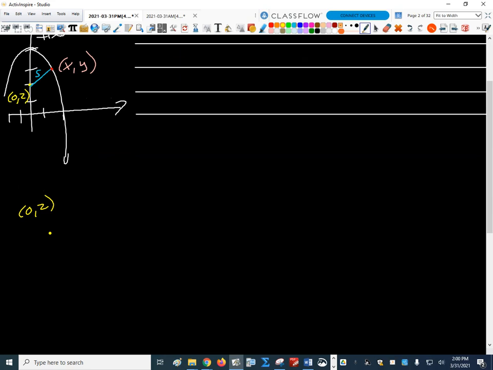And I've got this other point up here with coordinates x, y. And here's what I'm looking for. Here's my distance, S. How do I define S in terms of x and y?